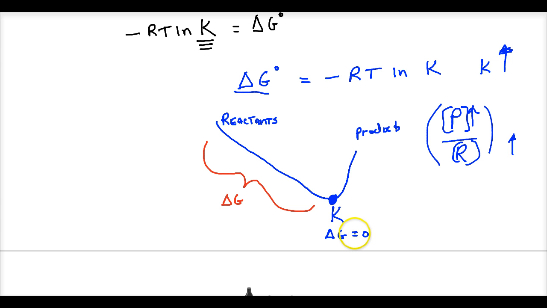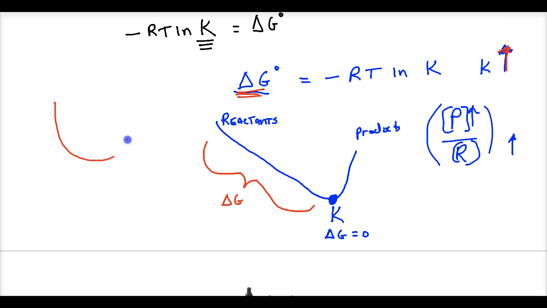But what I'm saying to you is that knowing what K is affects our non-standard delta G in a certain way. Let me explain. The reason why a large K gives me a very negative delta G standard is because K shows that there's a lot more products favored; this K is swung over.